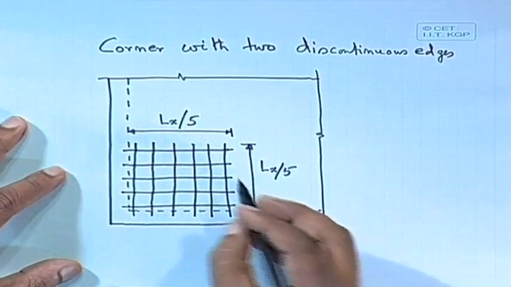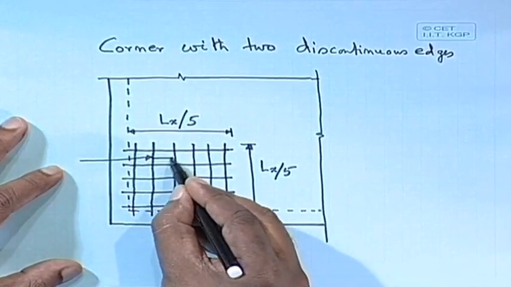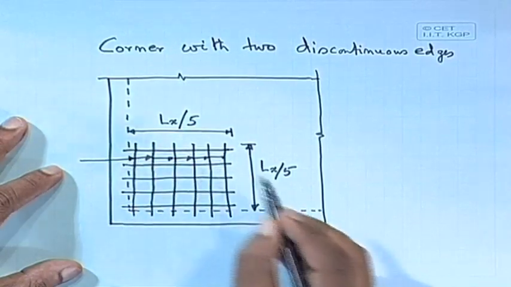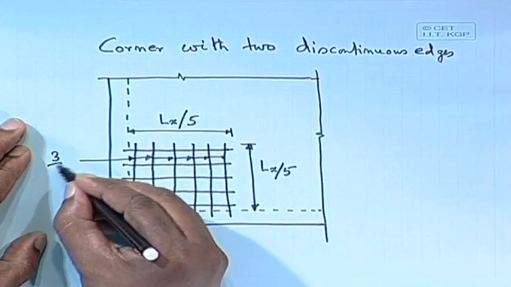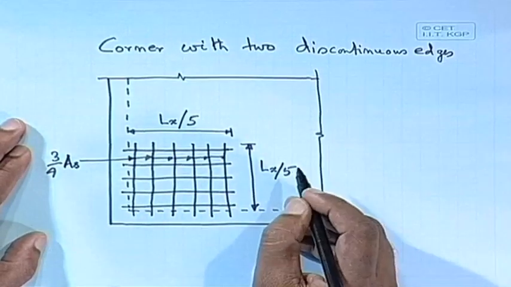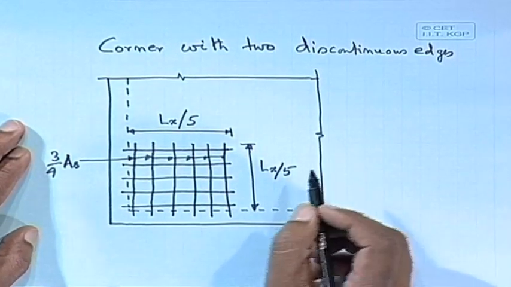What about the reinforcement? The reinforcement we are providing here is 3/4 of the area of steel in the shorter span, whatever area of steel you are getting due to the shorter span moment.